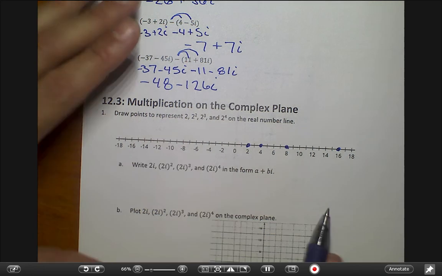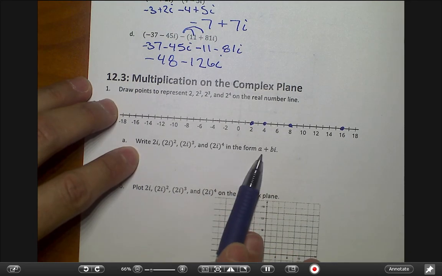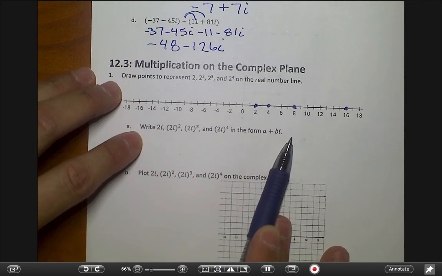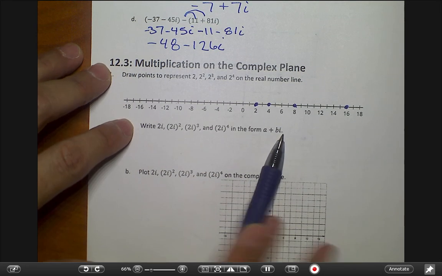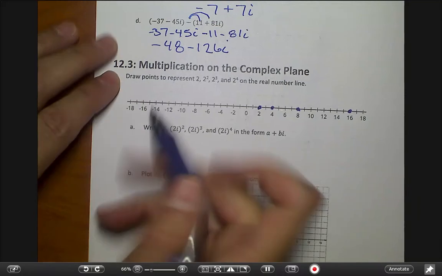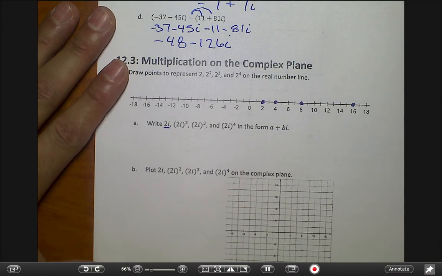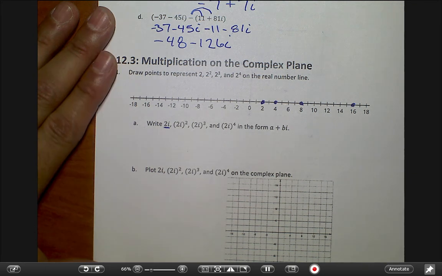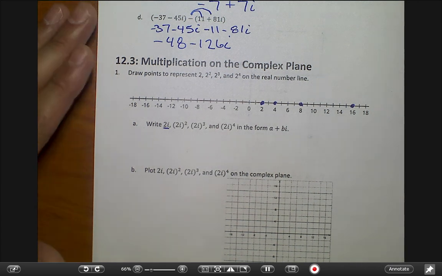Now, this one says write this, and this, in the form of a plus bi. So a is my real, bi is my imaginary. So for this one right here, what's the real portion of this? Nope. We had a problem just like this in the notes on Friday. What's the real? No. Is there a real part?